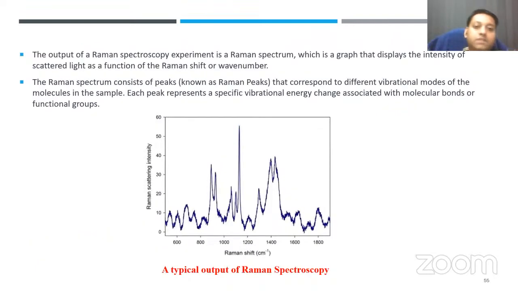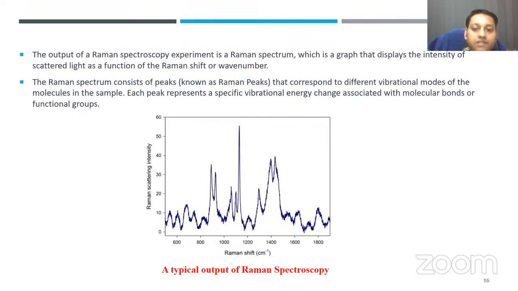So the output of a Raman spectroscopy experiment is called a Raman spectrum. This is a typical Raman spectrum that you observe after the measurement. This is the Raman scattering intensity, this is the Raman shift. The unit of the Raman shift is 1 by lambda. That means it is a measurement of the frequency shift or the energy shift, and these peaks are called Raman peaks, and this shift relates to the different vibrational energy changes inside the material.